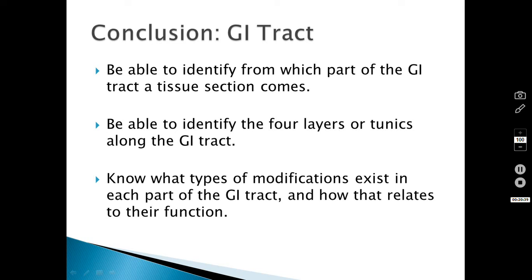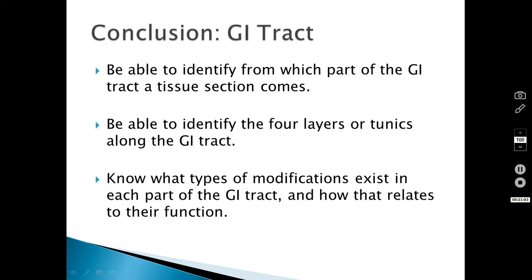You also need to be able to recognize our tunic structure. So be able to recognize the mucosa, the submucosa, the muscularis externa, and the adventitia or serosa. And then also you need to know how those tunics get modified for different parts of the GI tract.